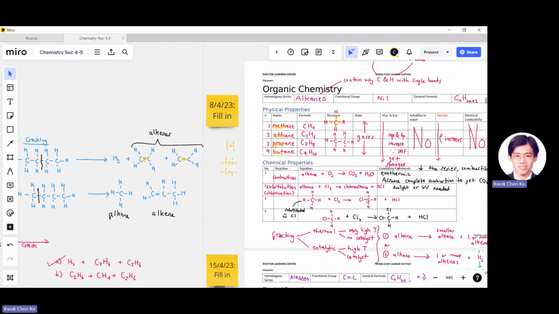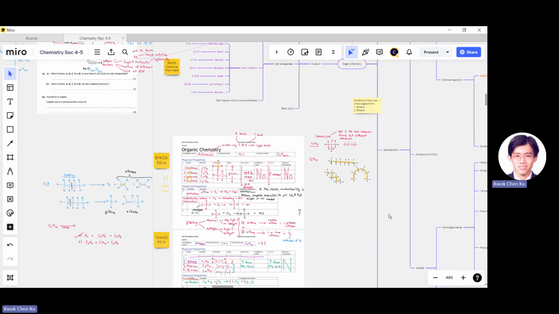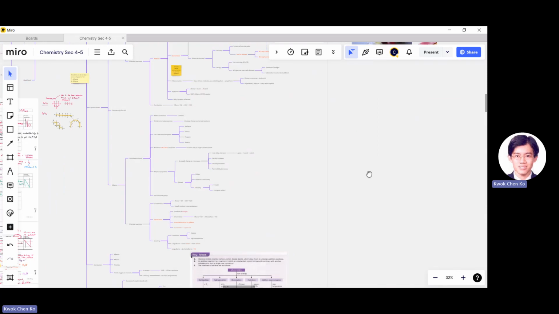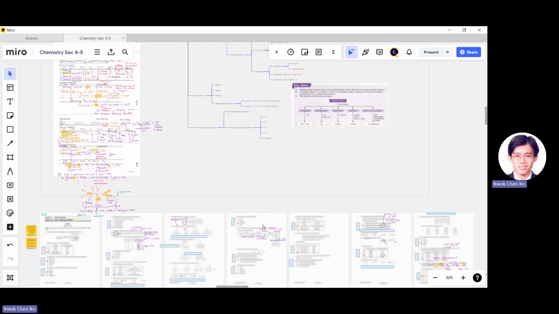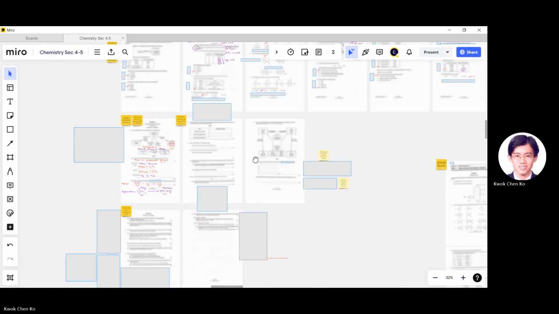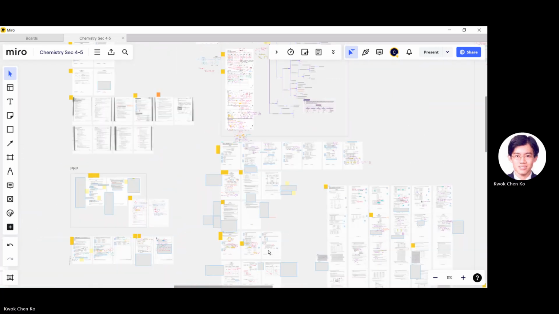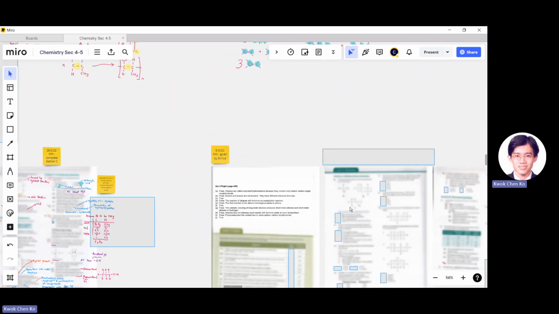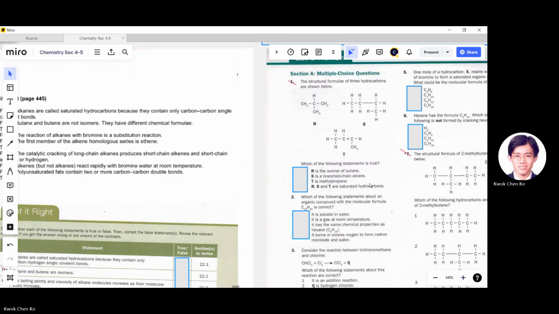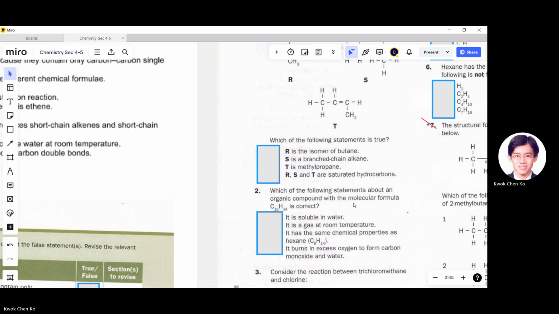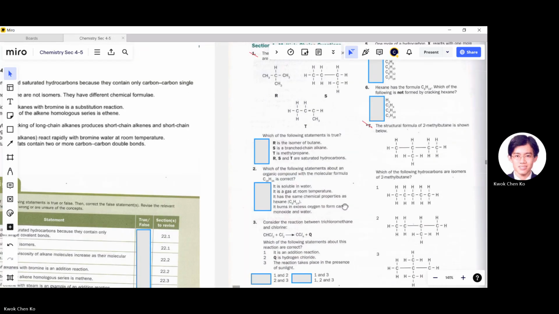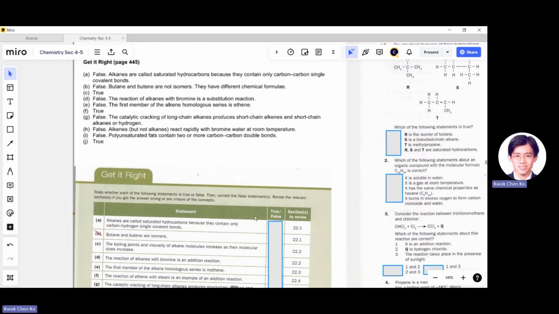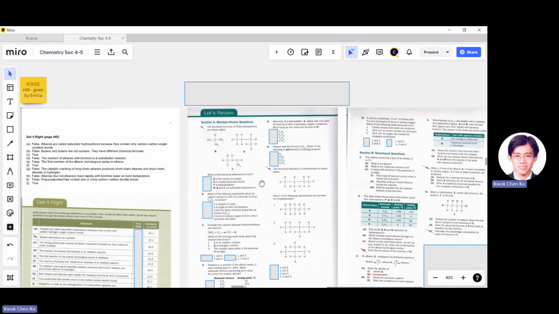Okay, let me see. Do I have anything for you to do? But there are some questions that you cannot do. But I don't want to overwhelm you today also. Okay, let me just print these few pages for you to try out.